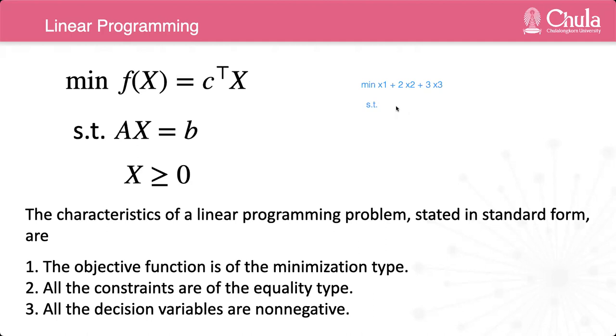The constraint is x1 minus x2 plus 2x3 must be less than or equal to 5. x1 is non-negative. x3 is non-negative.